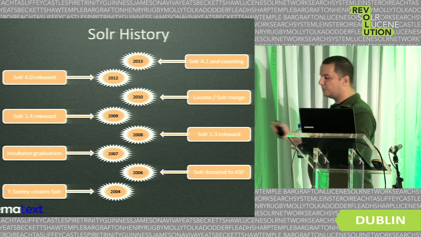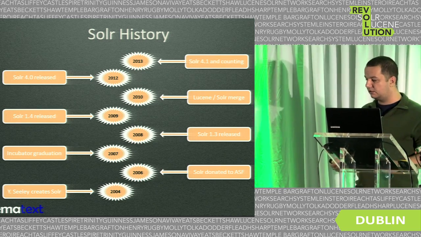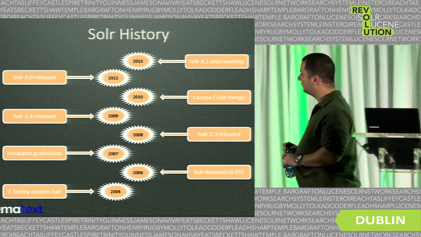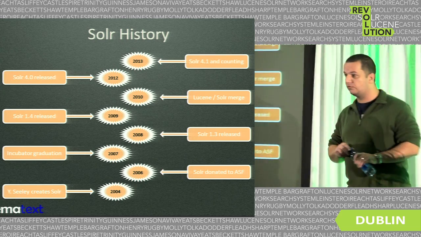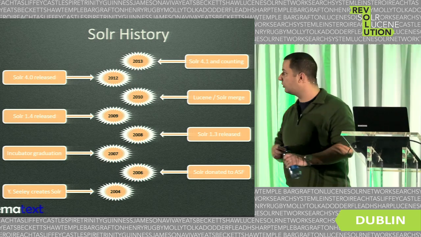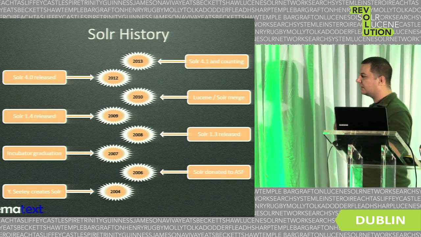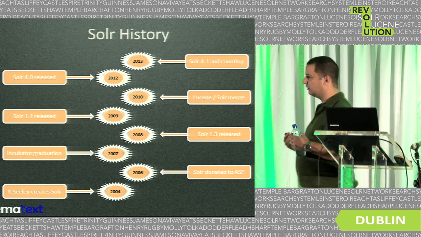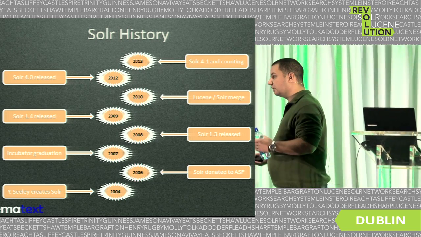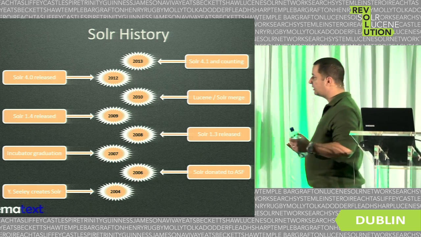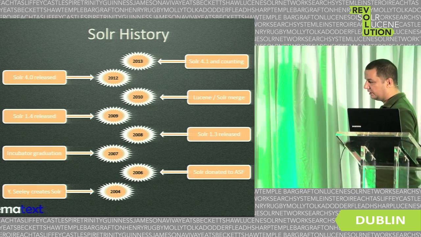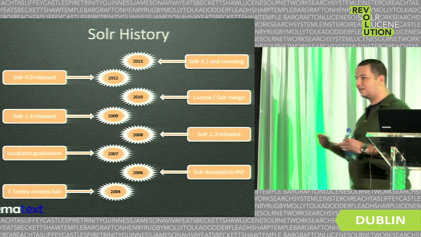It was done in parallel. Finally, in 2012, we got the first release of Solr 4.x, the Solr 4.0, which is the first version having the cloud functionality for all the users. You didn't have to check out another branch to use the cloud. And in this year, we have 4.1 and counting.